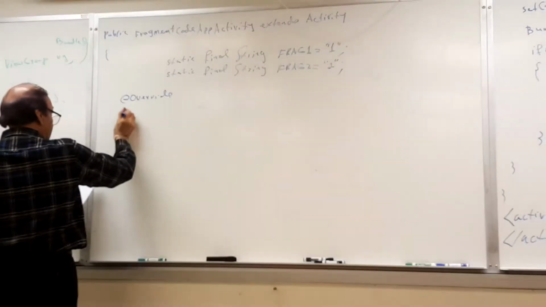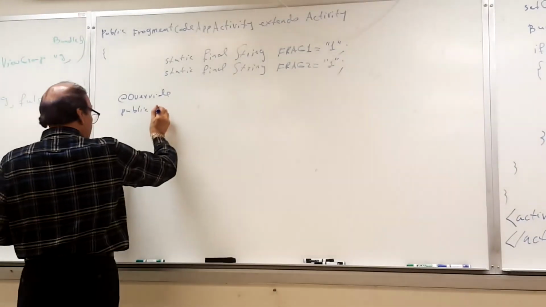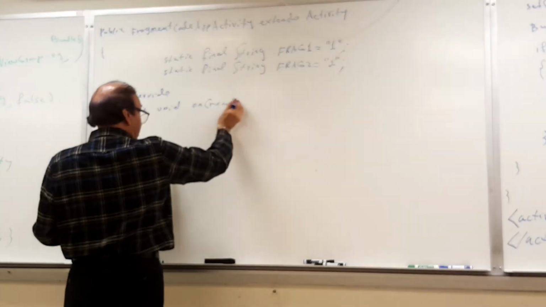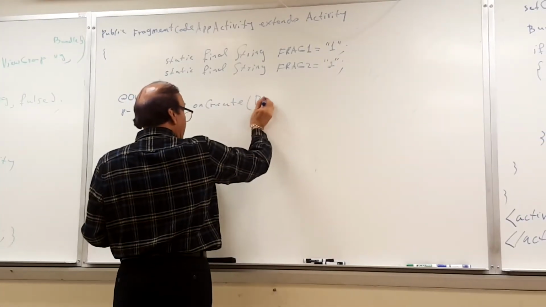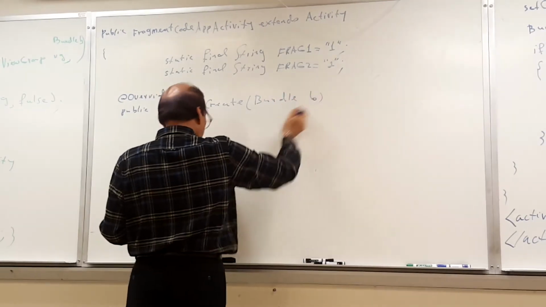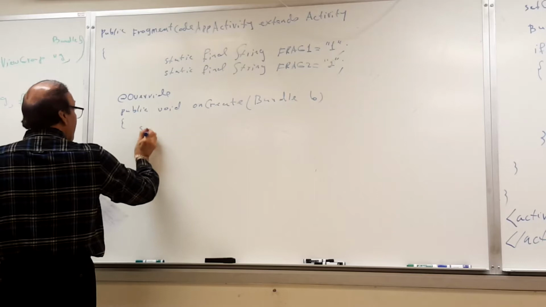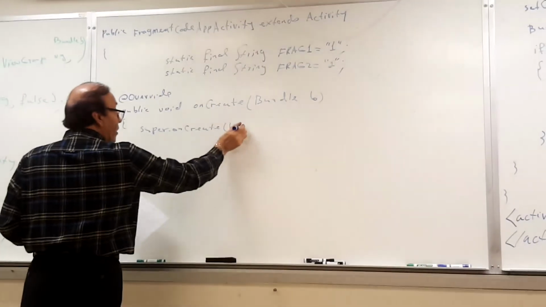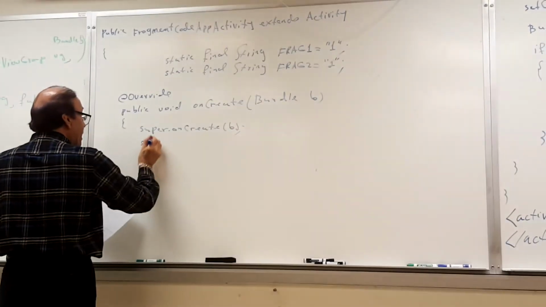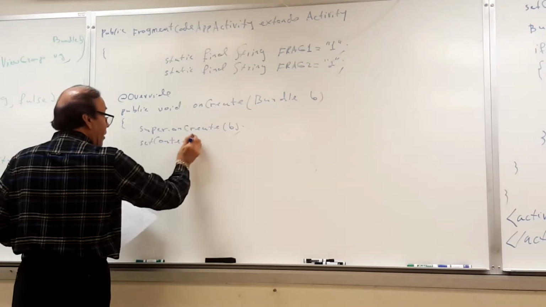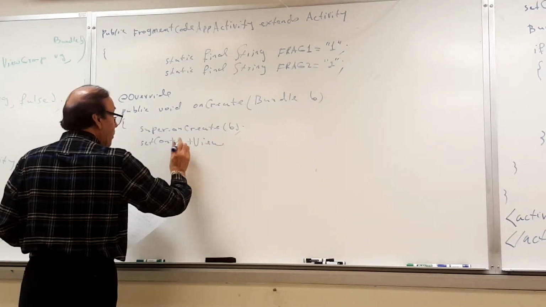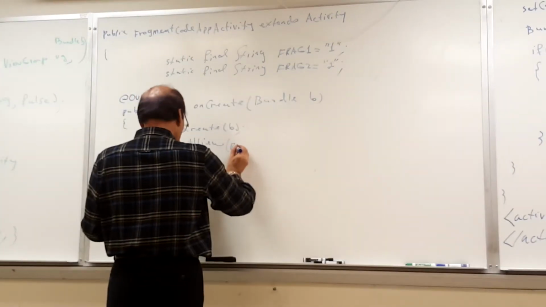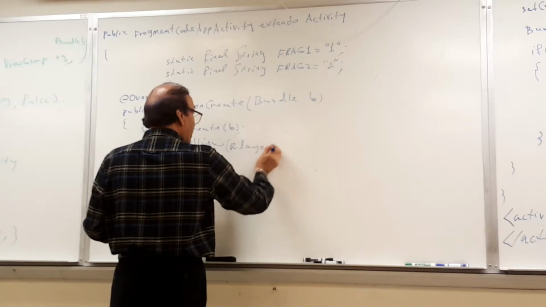Override public void onCreate(Bundle b), super.onCreate(b), setContentView(R.layout.main).